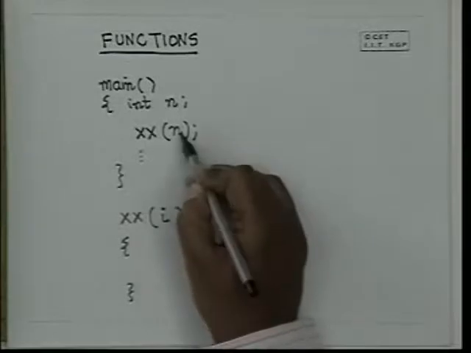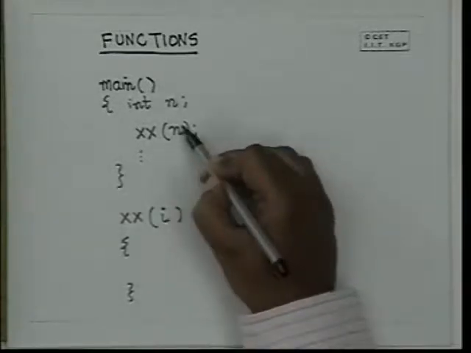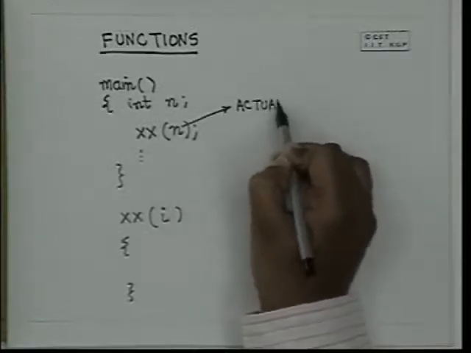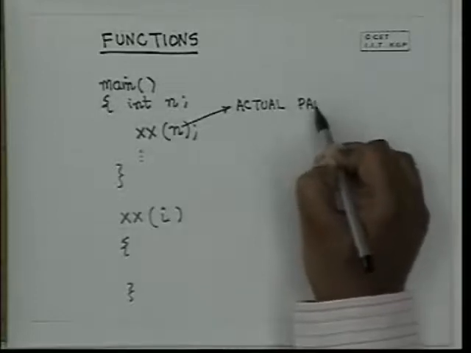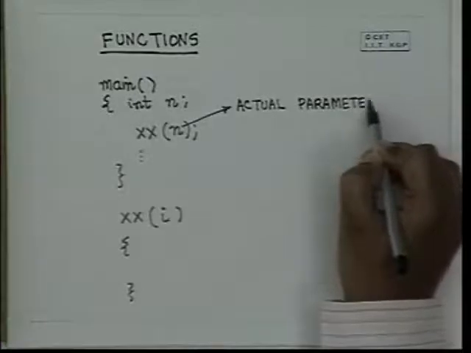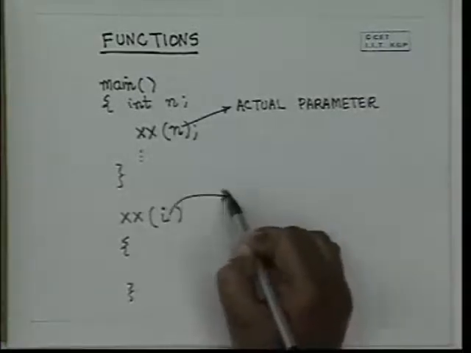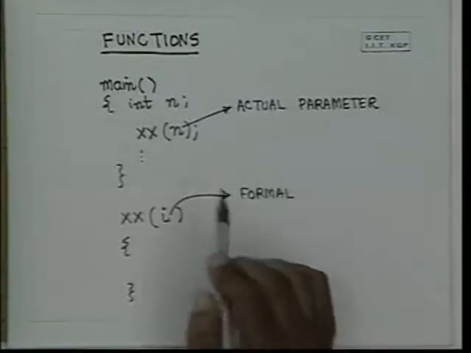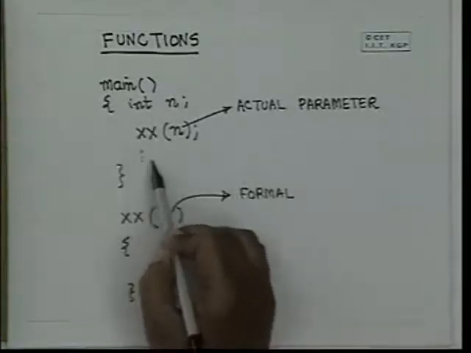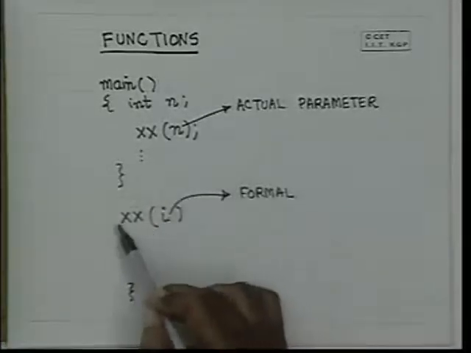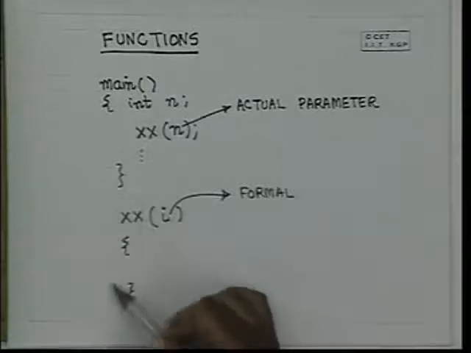There are two parameters of a function. One is called the actual parameter, and this is called the formal parameter. Because this xx may be called many times with different actual arguments, and this is the formal parameter, wherever the function itself is declared.